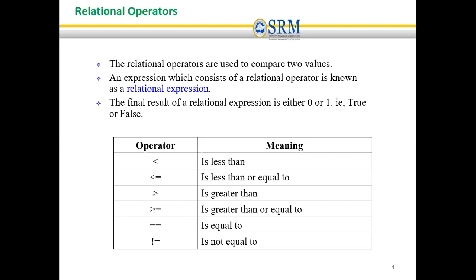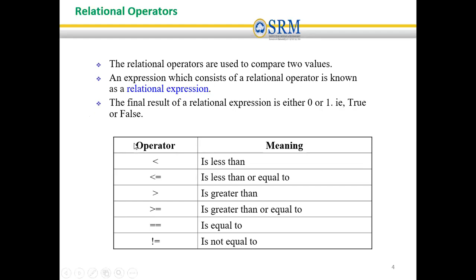So an expression which consists of a relational operator is also known as a relational expression. The final result of a relational expression is either 0 or 1. It means 0 is false, 1 is true.